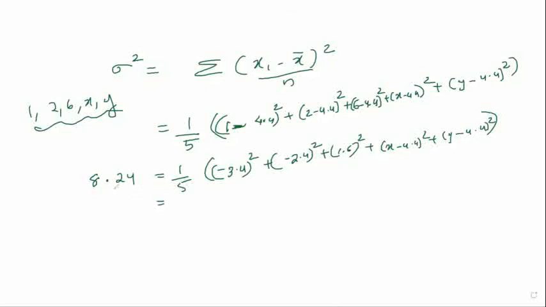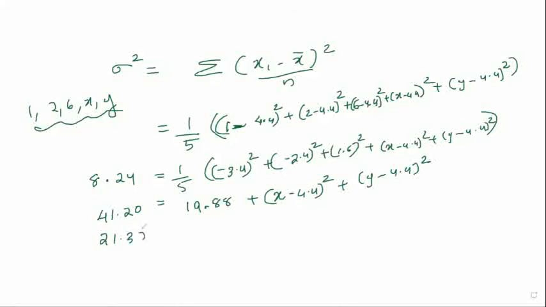Then you multiply 5 into 8.24 on this side, which gives 41.20. Here, when you square and add, you will get 19.88 plus (x minus 4.4) square plus (y minus 4.4) square. If I take 19.88 to this side, I'll get 21.32.